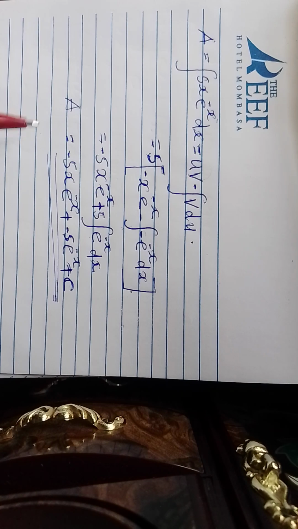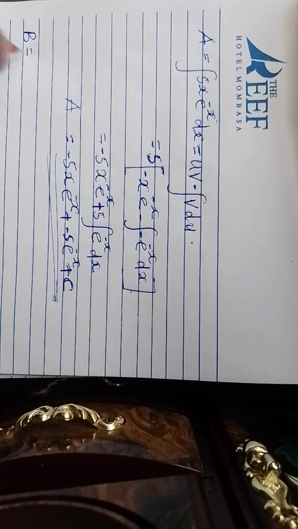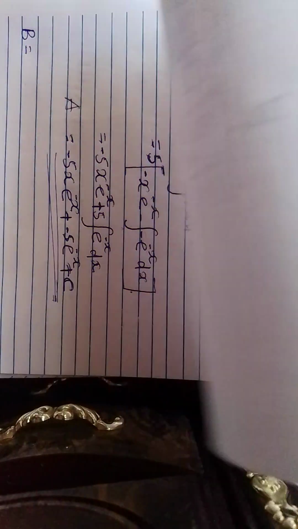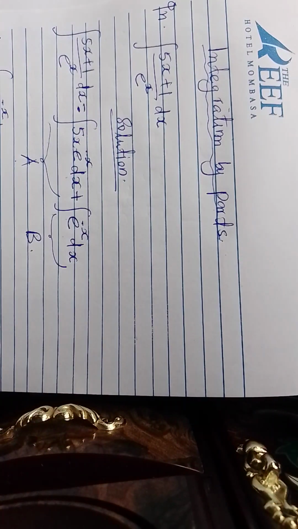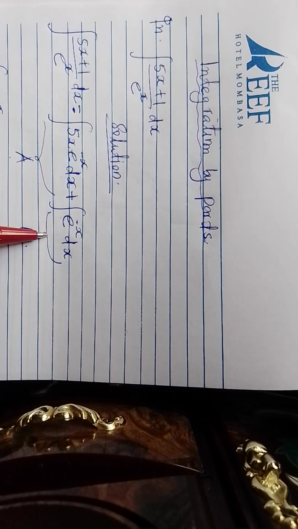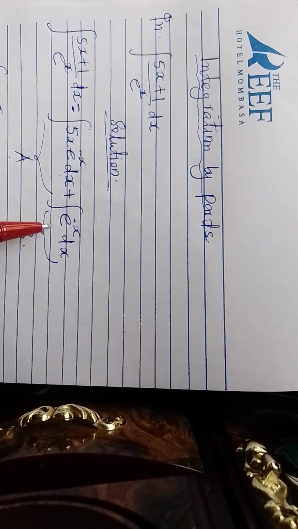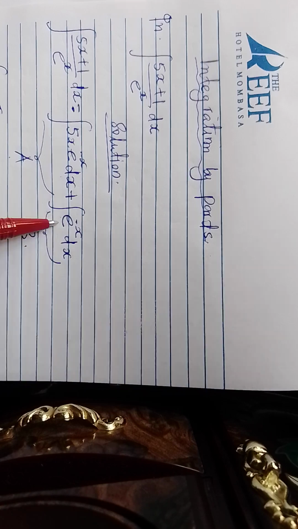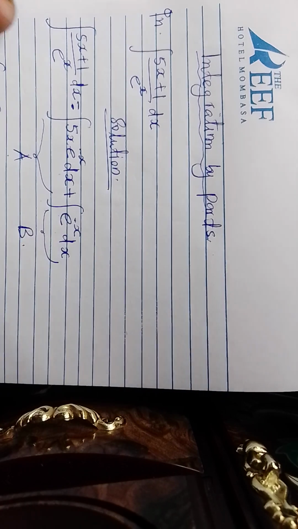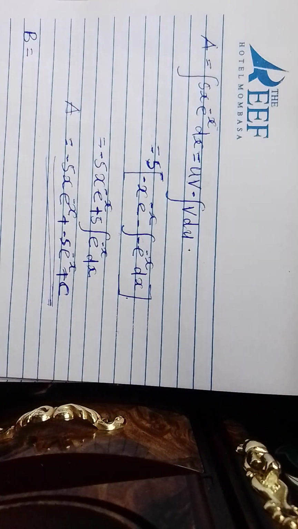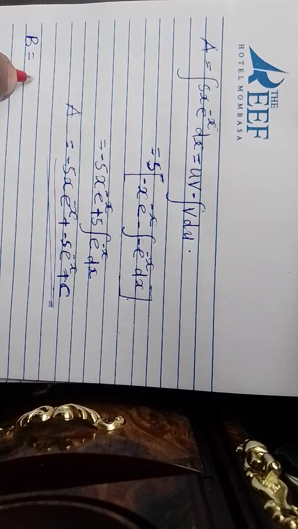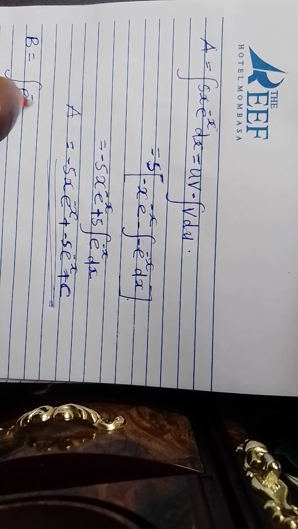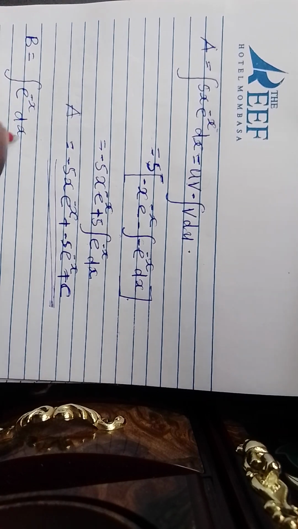So we are done with part A, so we are going to part B. What did we say about B? We said that our B is now the integral of exponential raised to power negative x dx.